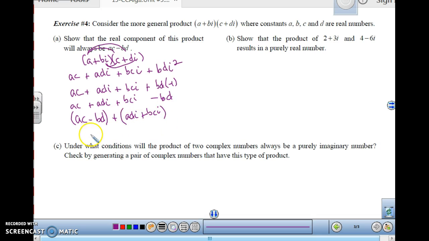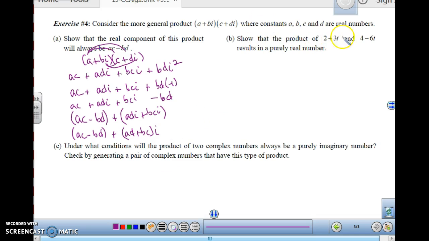We can actually factor out the I. So this is going to be AC minus BD plus AD plus BC times I. I just factored out the I and put it on the end. So first term plus our imaginary real term plus the imaginary term. All right, so we multiplied these imaginary numbers and we end up with the real part is always going to be AC minus BD.